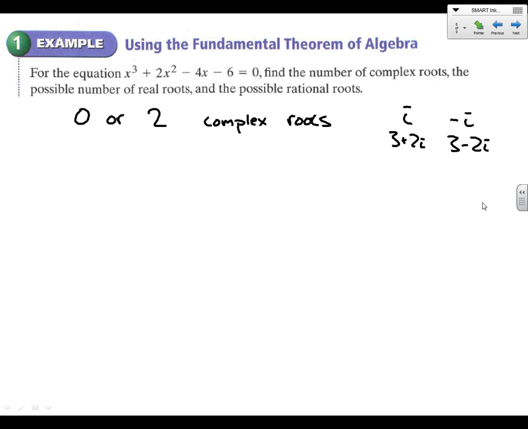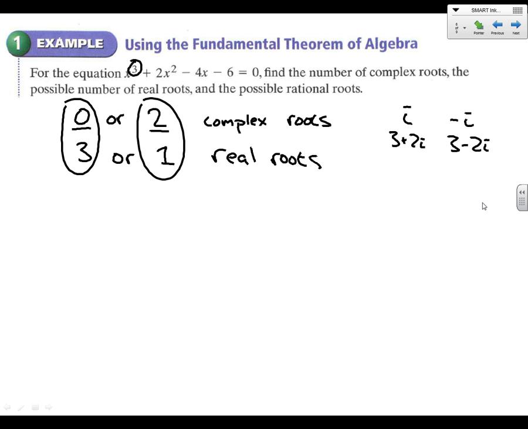So remember that the complex always comes in conjugate pairs. So it's either going to be 0 or it's going to be 2. Can't be 4 because the most roots we could have would be 3. All right, so that being said, and since we have to sum up to 3, we either have 3 or 1, because these two things have to add up to 3, real roots.